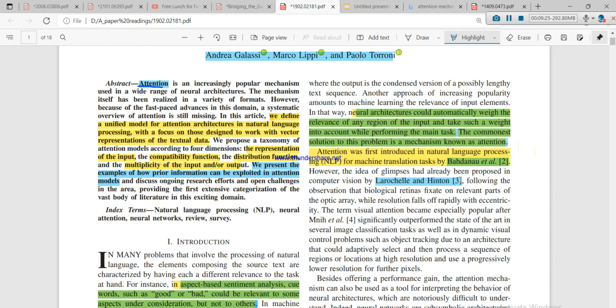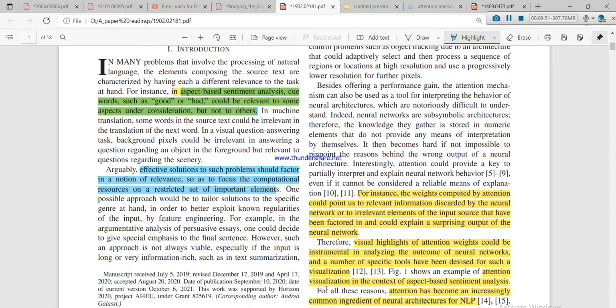There is no need for everything; everything doesn't have equal weight, and that's what our retina focuses on. The retina fixates on a relevant part of the optic array, while resolution falls off rapidly with eccentricity. Based on this concept they have proposed this idea.